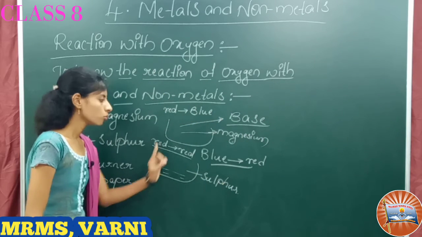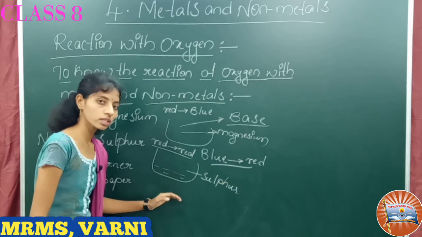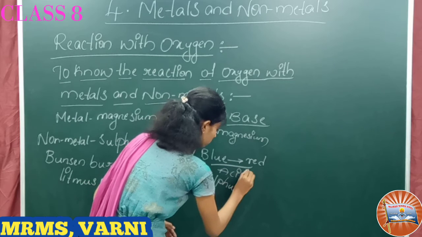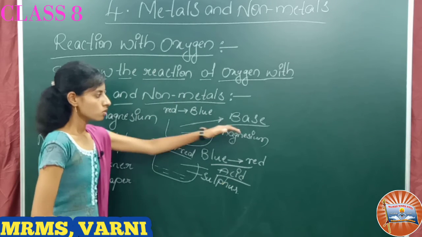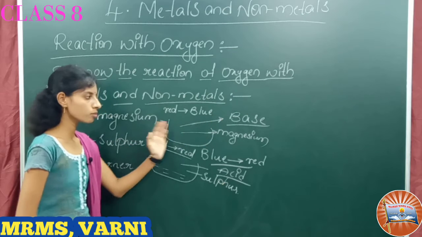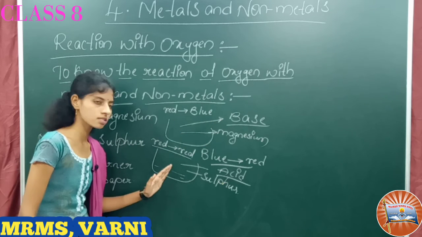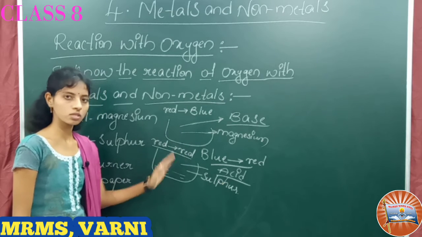And when blue litmus paper changes into red, the solution is an acid. So this is the base solution and this is the acid solution. What is the name of these two solutions?